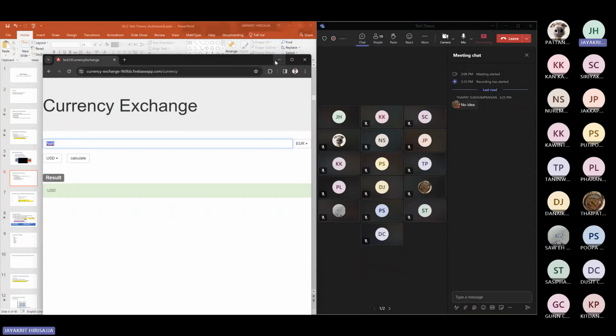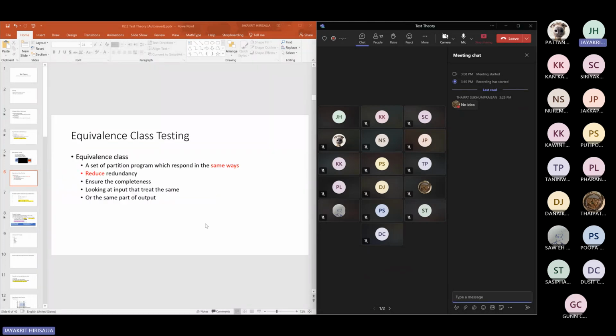Okay, any question? Equivalent class is thinking about what the input should be. If we input 1, 2, 3, 4, 5, 6, 7, 8, 9, 10, does it provide the same type of output or not? If it provides the same type of expected output and it's working as we expected, we can think of 1 to 10 as the same equivalent class.